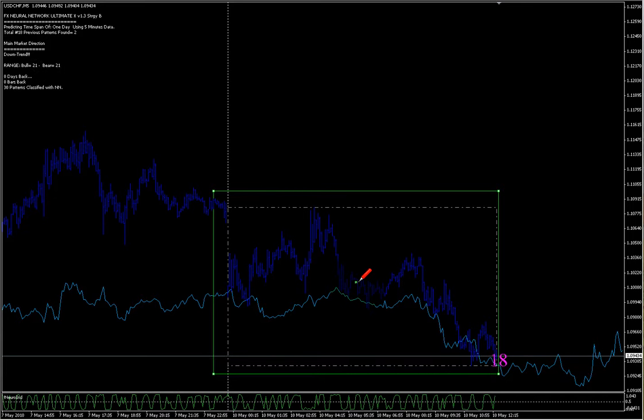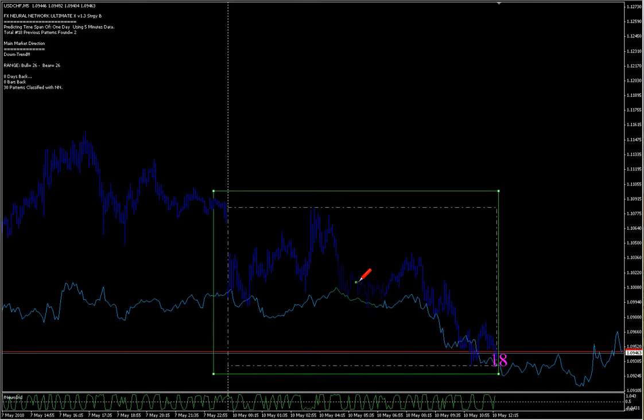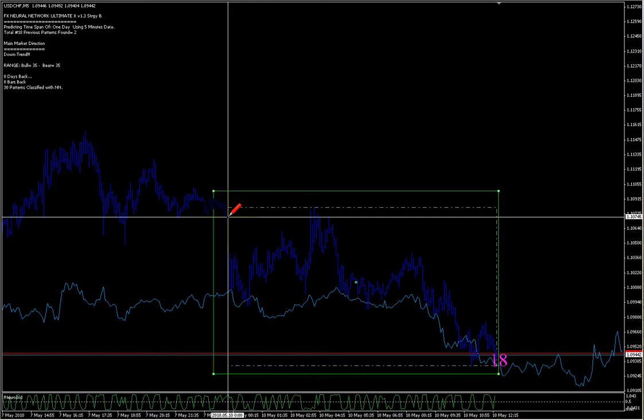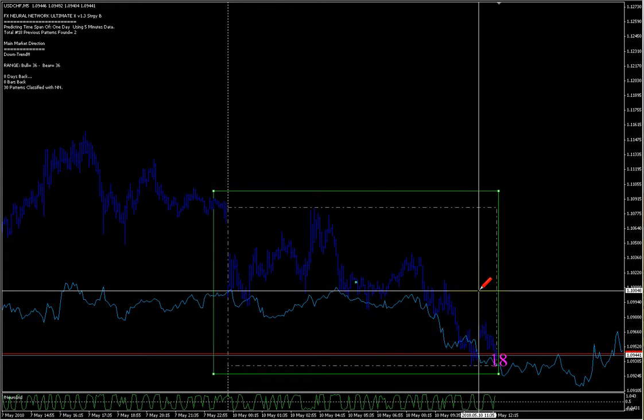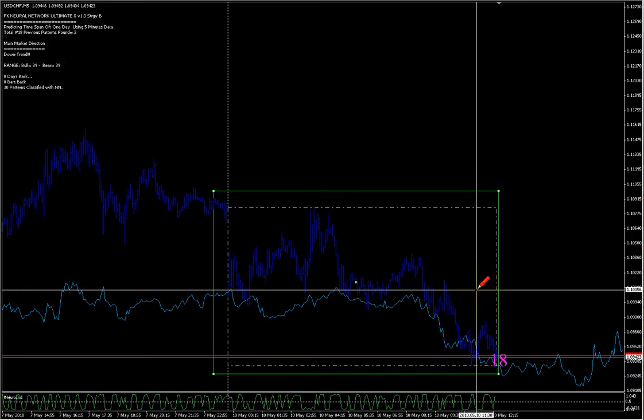With this box you can now scan for patterns from the beginning of today, which is this line here, up to here, anything in between. On this setting right now we can scan up to 30 days back.